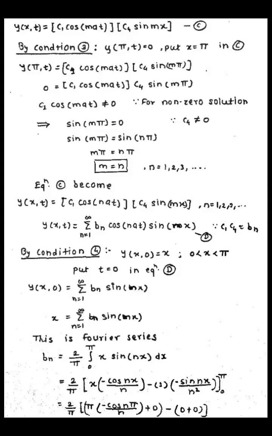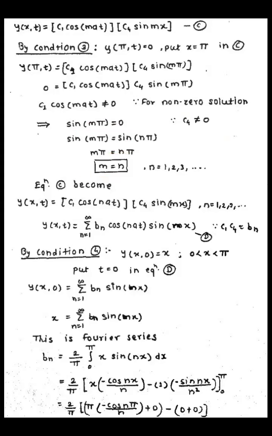So sin(mπ) equals 0, and sin(nπ) is always 0. So we equate both terms. It implies mπ equals nπ, and hence m is equal to n. This condition is satisfied for all values of n, which varies from 1 to infinity.